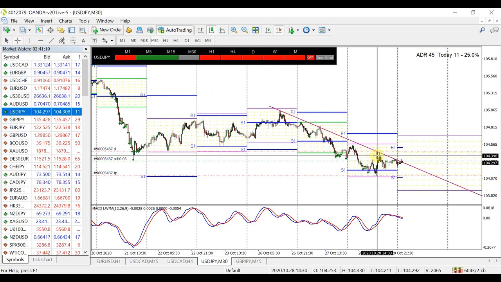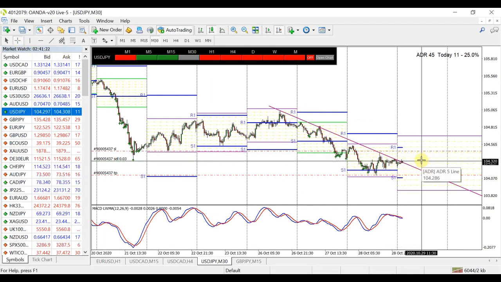So if we just get the crosshair up, you can see I'm just going to go just above my entry, otherwise it's going to move things around. Price is around 19 pips away from R1 and around 27 pips away from S1.